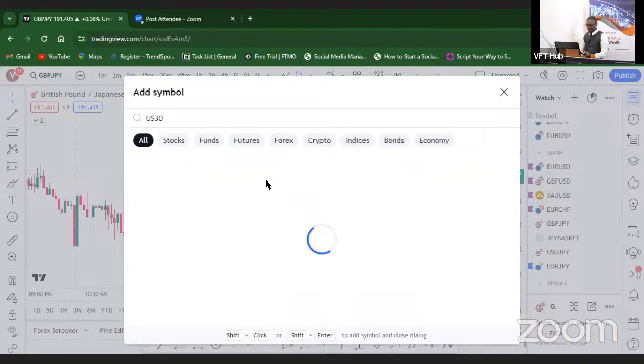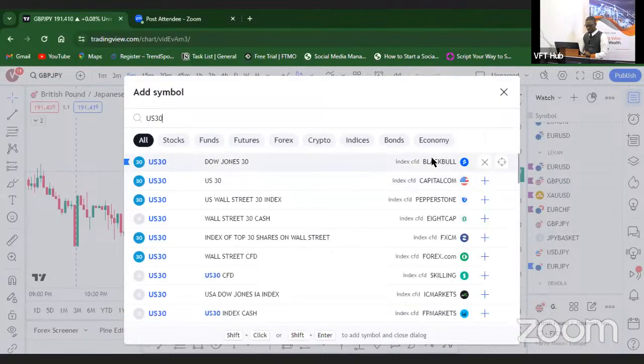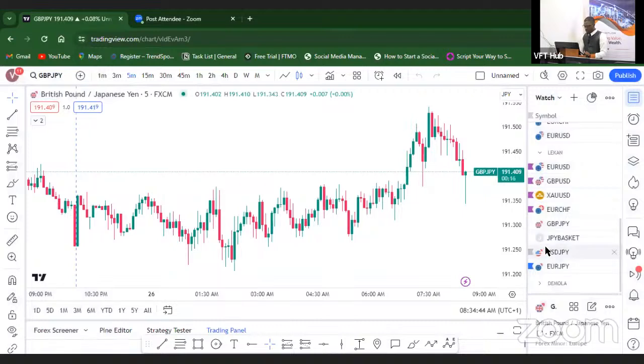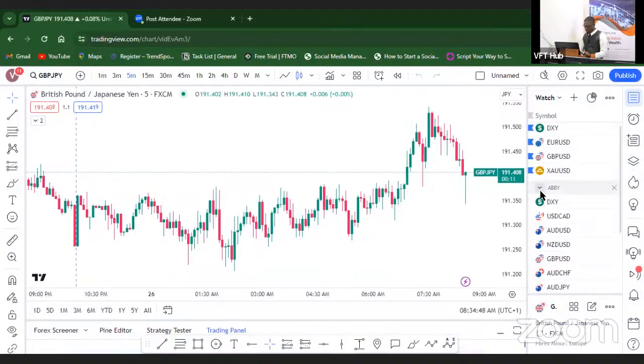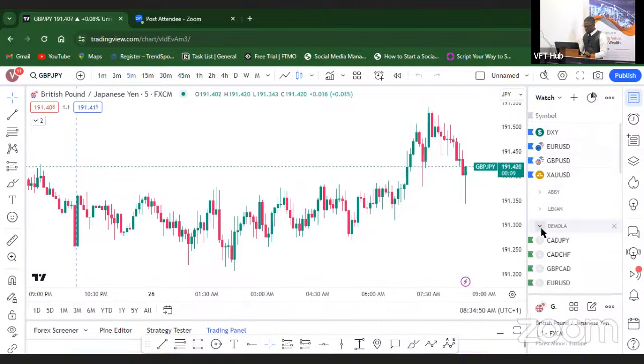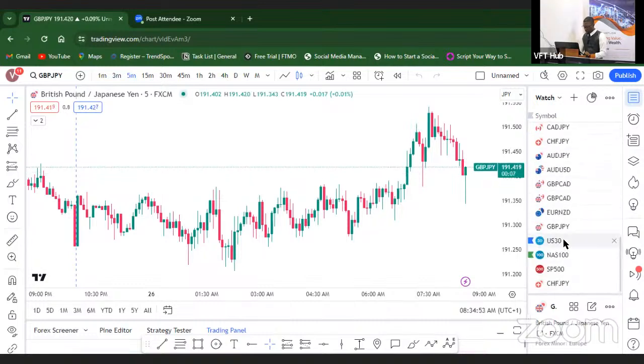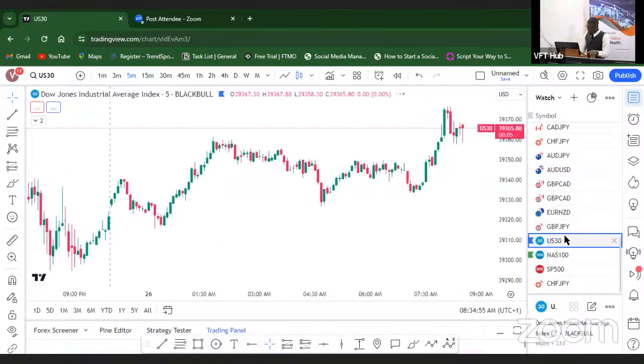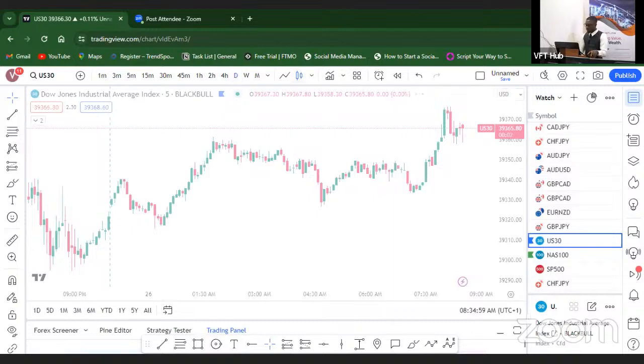Our bias has still not changed in the long run, still the same. Nothing has changed that much yet on the daily time frame.